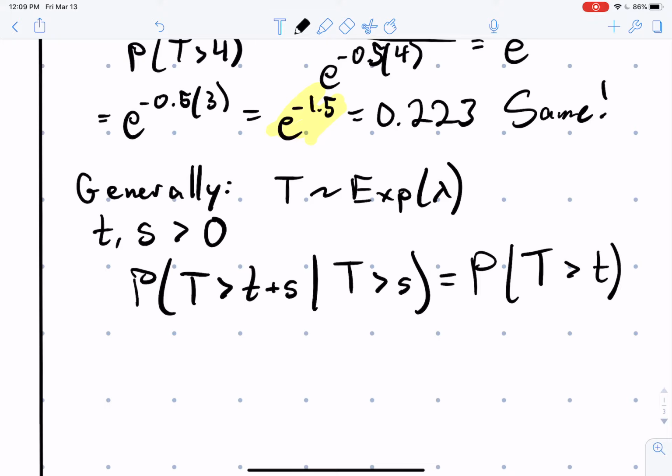And that's the general statement of the memorylessness property.